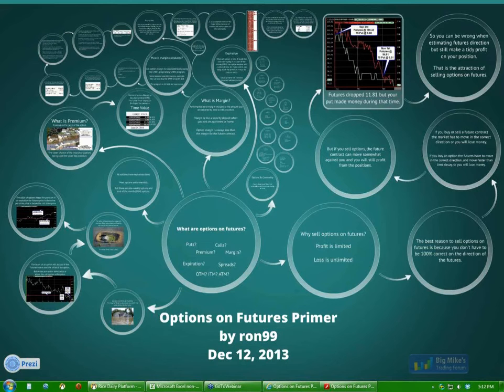Tom wants to know, is it practical to buy options in lieu of using stops on futures? Well, it depends. If we're talking about buying to get out of your sold option, sometimes that's what you have to do.